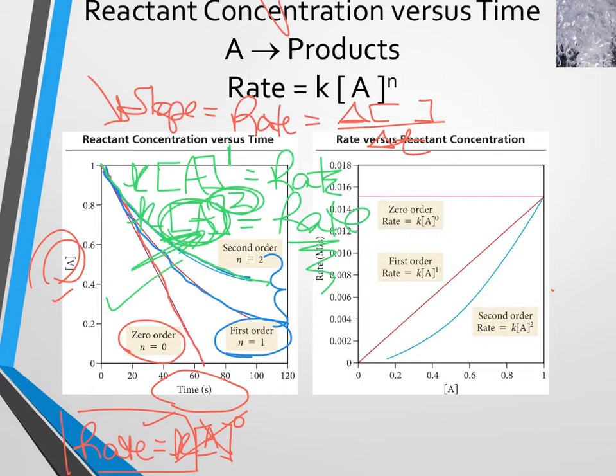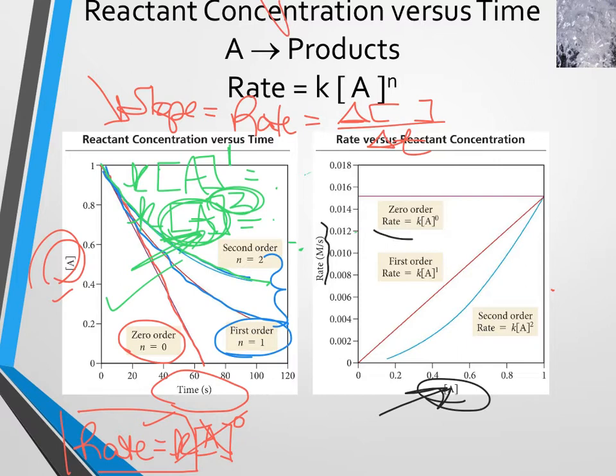So now let's take a minute and look at the graph on the right. Here we have plotted the rate on the y-axis and the concentration of reactant on the x-axis. So this is saying, as we change concentration, what's going to happen to rate?